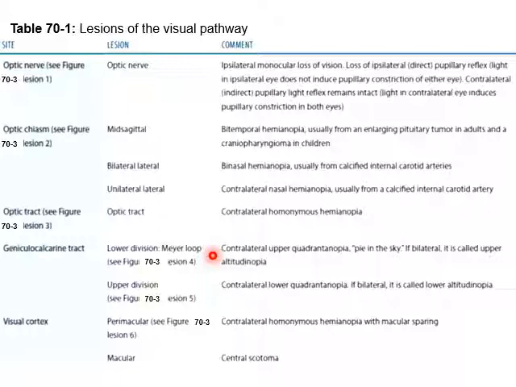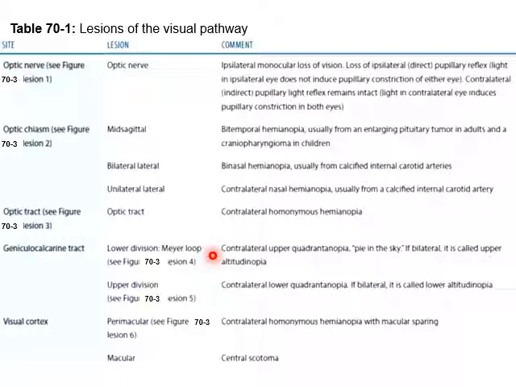As I mentioned, light runs in straight lines, so what is seen by the lower part of the optic radiation is present in the upper part of the visual field. So it's a contralateral upper quadrantanopia.